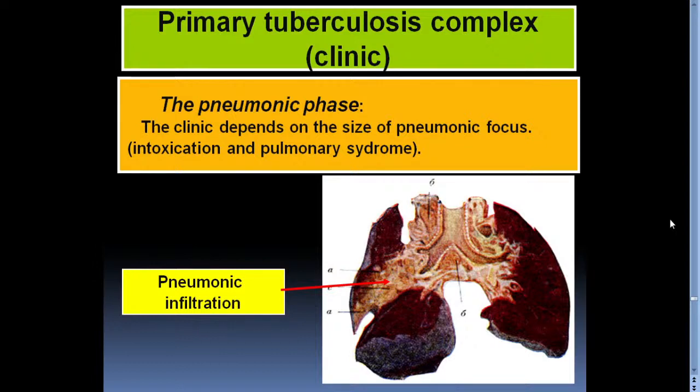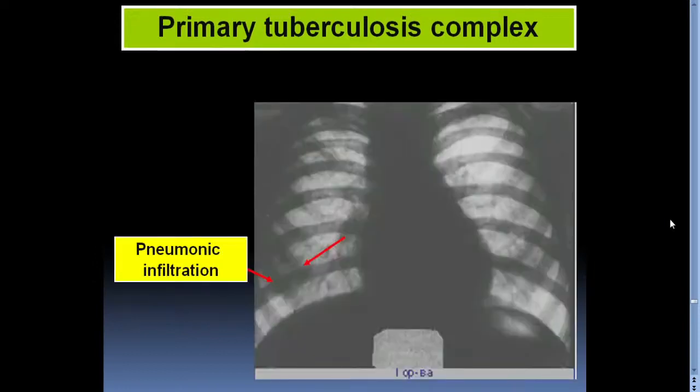And on this macro preparation, you can see pneumonic infiltration also. This is a large volume of affection, therefore, in this case, all clinical symptoms are severe. And on X-ray we can see pneumonic infiltration. That's why this stage of primary TB complex on X-ray looks like pneumonia.